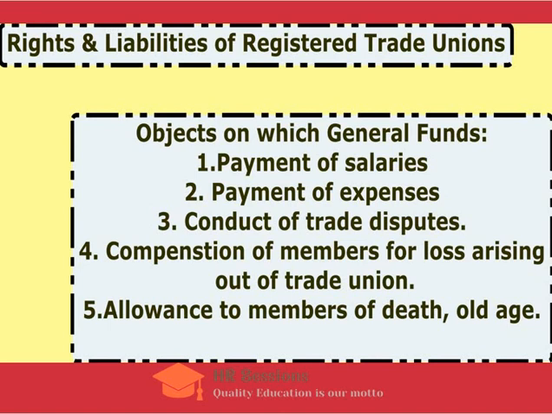Now, let us talk about the rights and liabilities of a registered trade union. The objects on which the general funds may be spent under Section 15 are payment of salaries and expenses, conducting any trade dispute, compensation to members for loss arising out of trade union activity, and any allowance to members due to death, old age, or any accident, right?